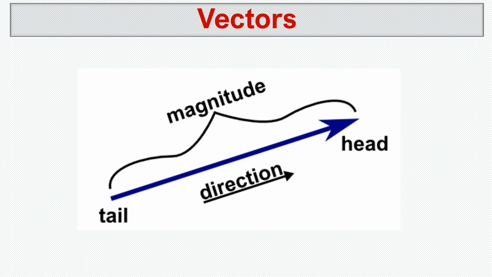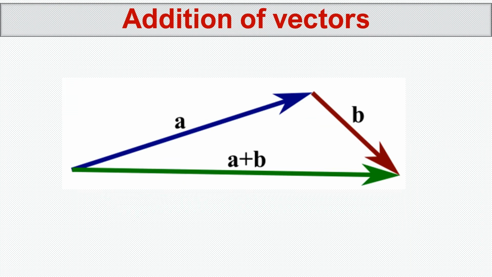Some books use tail and head, with a direction arrow and the magnitude like this. In old days some books used different notation, starting point and terminal point, but the basic concept is that a vector has a magnitude and direction.